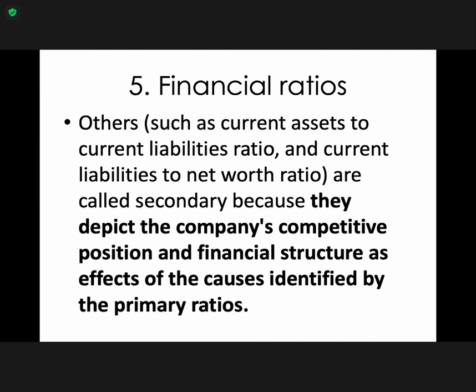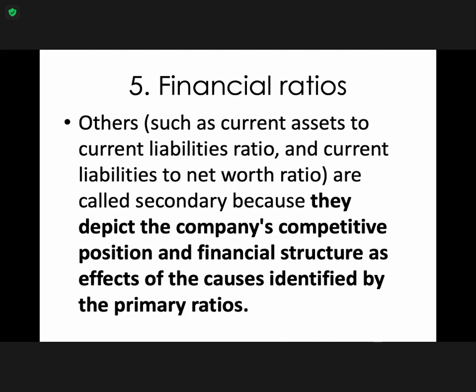These show the ability of the company to meet its obligations, both long-term and short-term, and through them they can also assess the financial position and financial structure of companies.